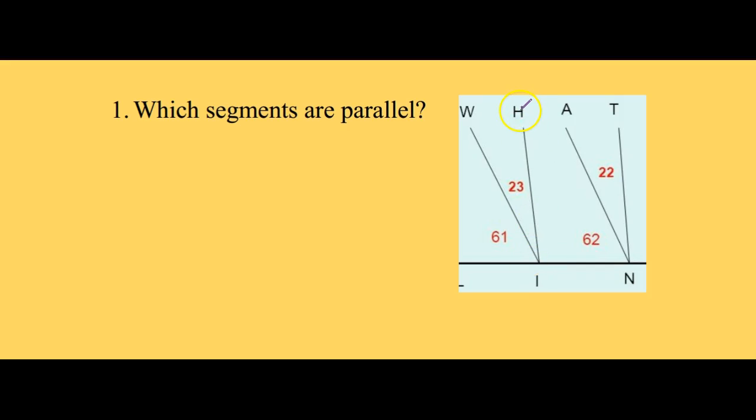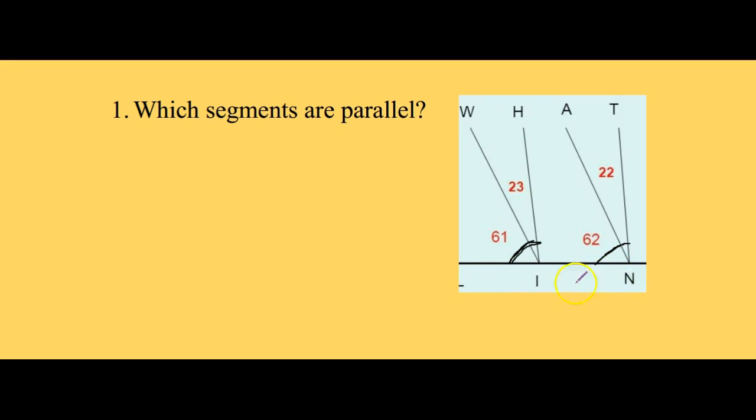Okay, we have this line HI and TN. So let's write things for these angles. Of course, they're going to add up, those two angles connected to this transversal.